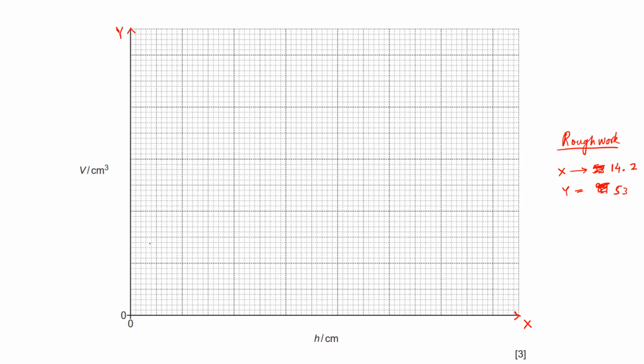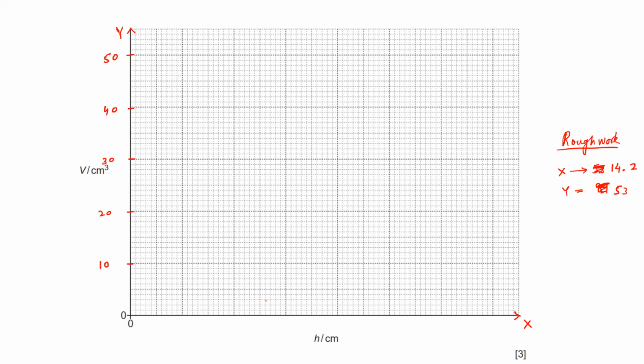So let's say 10, 20, 30, 40, and 50. This will give us a good utilization of the grid we are given, as well as it will give us all the values in the table.